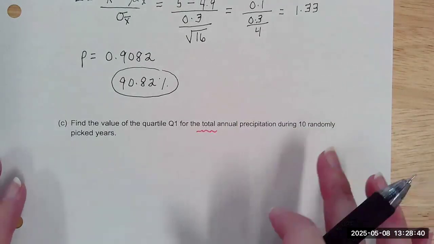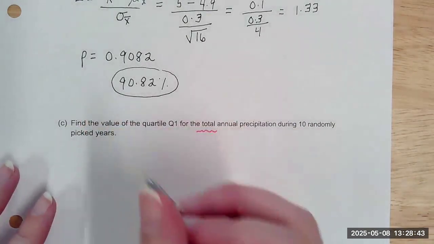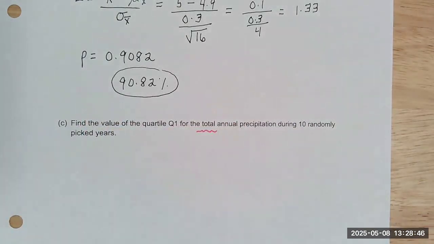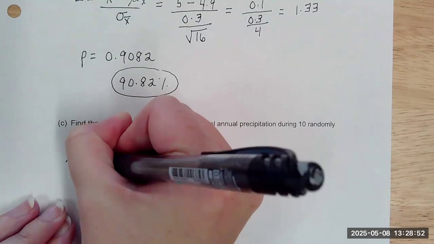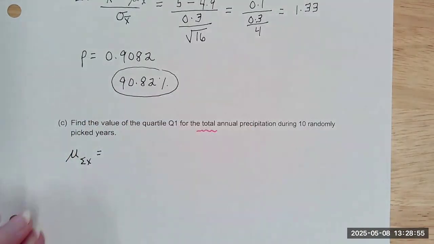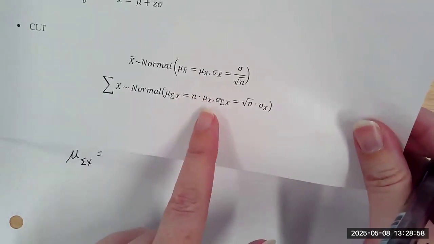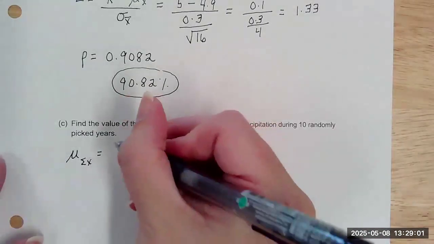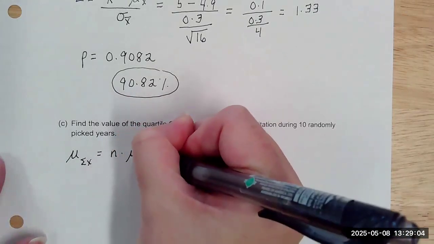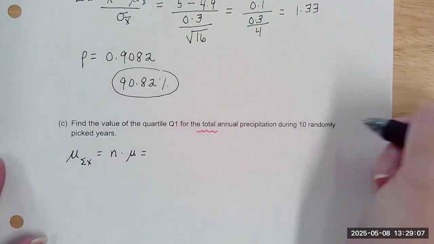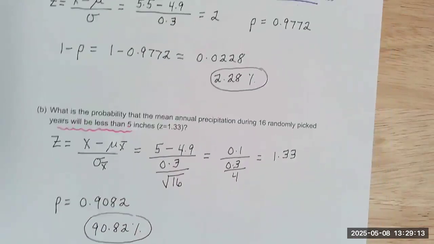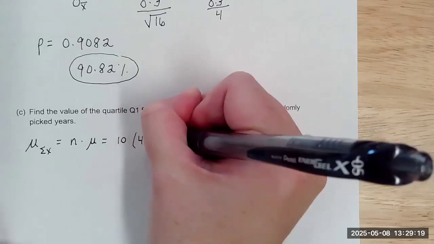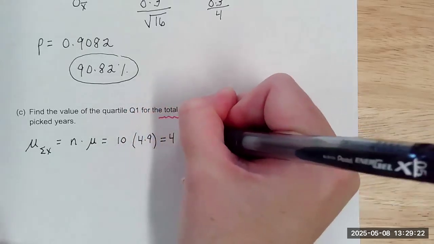When we did this before, if we wanted the sum, then what we did is you multiply the n times the mean for just one of the x's. 10 randomly picked years, 10 is our n, and the mean was 4.9 for just one of them. So 10 times 4.9 is going to give you 49.